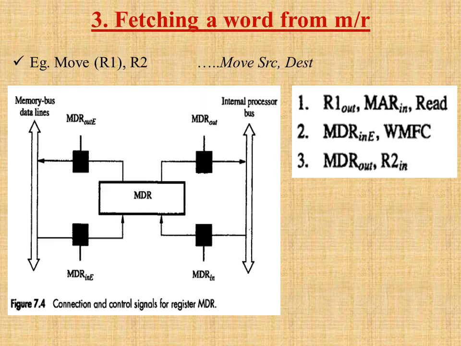If something is on the external memory bus which is to be put in the MDR, MDR in E equals 1 and MDR out E equals 0. If we want to transfer the contents of the MDR to the external memory bus, MDR out E will be equal to 1 and MDR in E will be equal to 0. By using this logic, these three steps are designed.